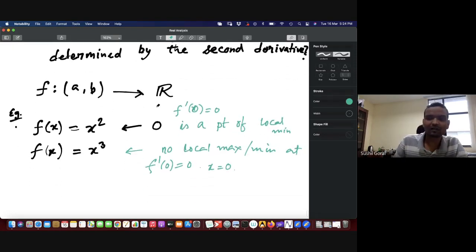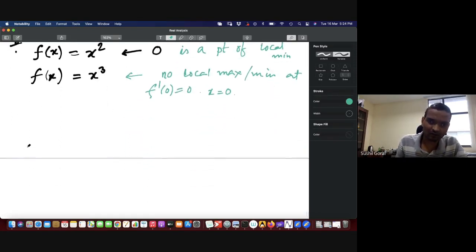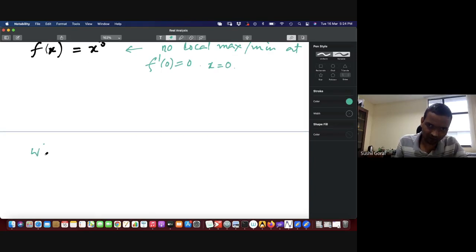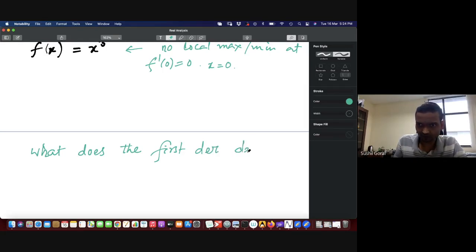So what does the first derivative determine about the function?